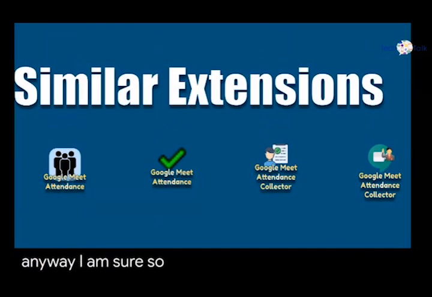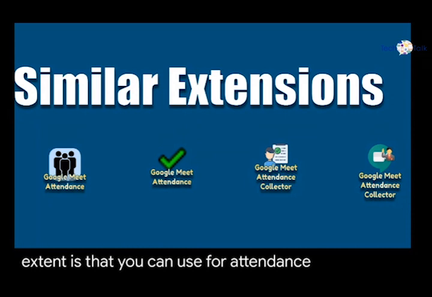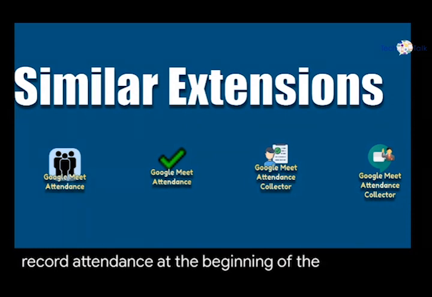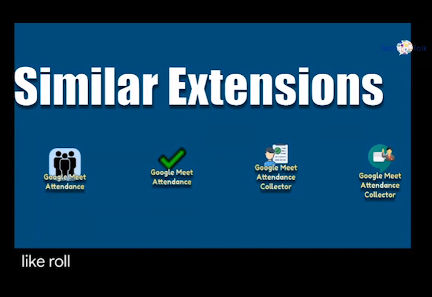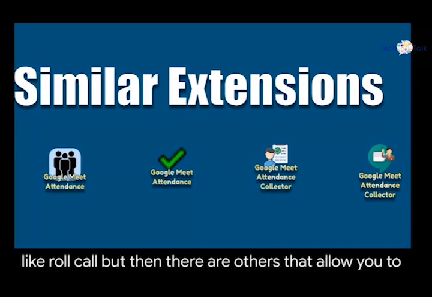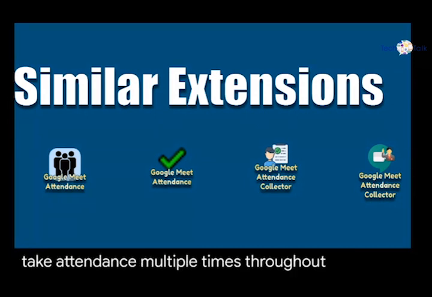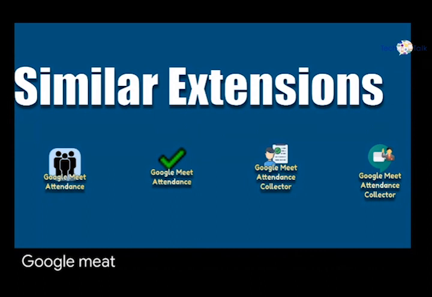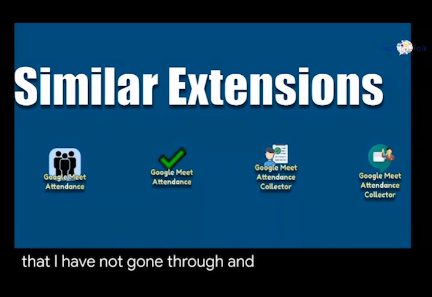So here are a few other similar extensions that you can use for attendance. Some only record attendance at the beginning of the meeting, like Roll Call, but then there are others that allow you to take attendance multiple times throughout the Google Meet, like Meet Attendance did at one time. And then there are a few of these other ones that I have not gone through in depth, but I know allow you to do so.